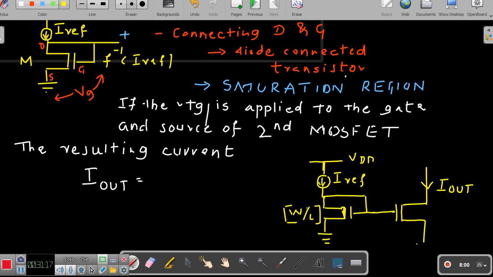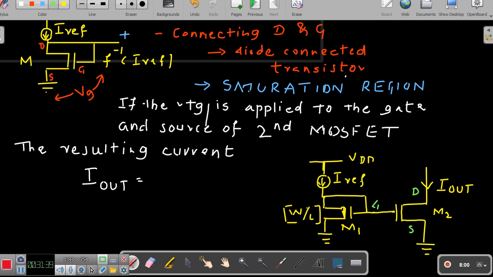So this is source again, right? So now this is M2, this is the transistor, say M1, you can use Q1, Q2 also, right? So now this is source, this is gate, and this is drain.